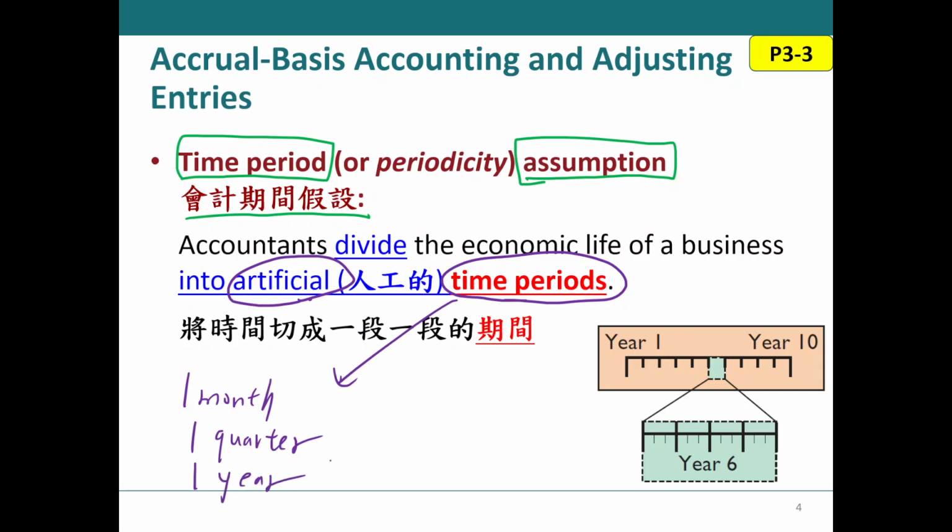Then we will look at each period to see if it is a good apple or bad apple. We could look at each period to see if you did well or not. Okay, any questions?